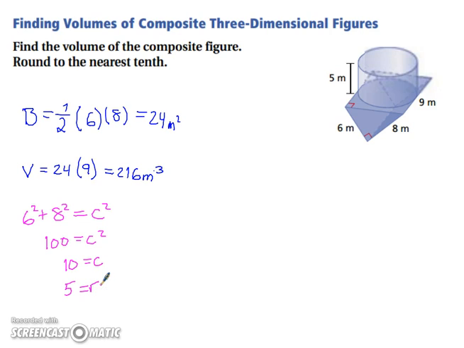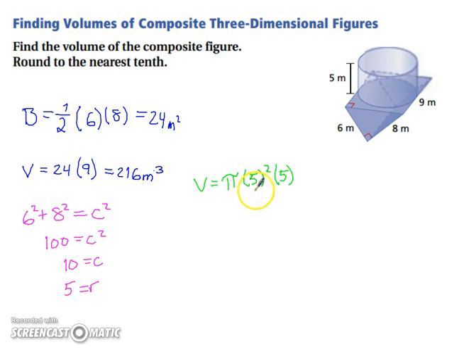Once we have our radius, we can now use the formula for the volume of a cylinder. So, volume of a cylinder equals pi times our radius, which is 5, squared times our height, and in this case our height is 5.